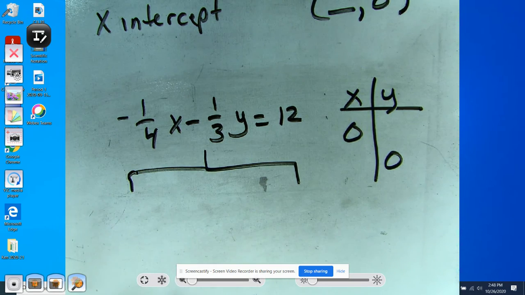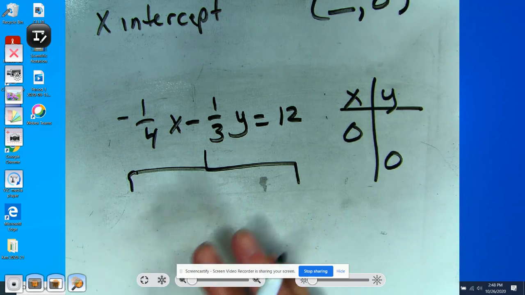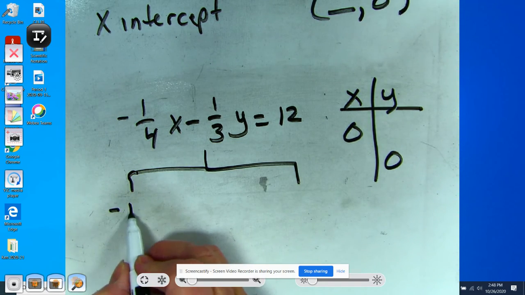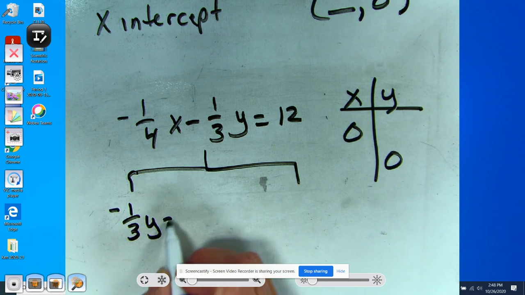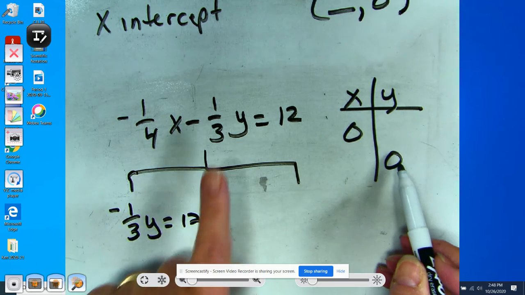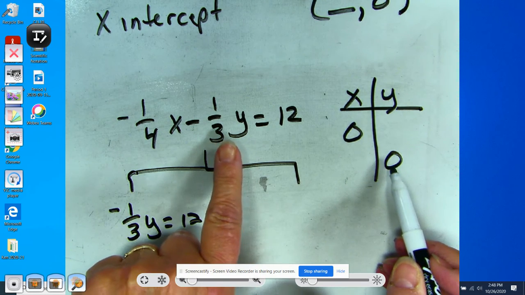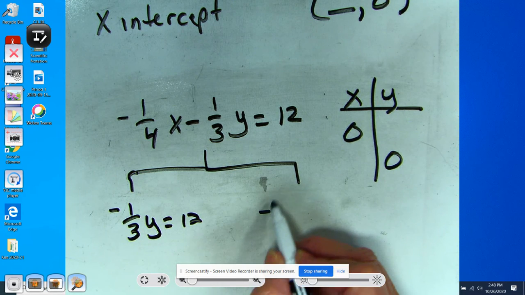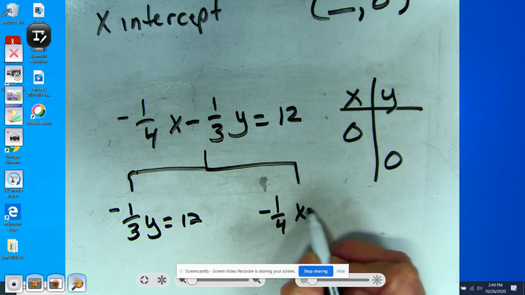The first time, I'm going to get rid of the x, because when I multiply by 0, the x is going to go away. Negative 1/3 y equals 12. Then the other equation, I'm going to make y disappear, because y times 1/3 times 0 is going to be 0. So I'm going to have negative 1/4 x equals 12.